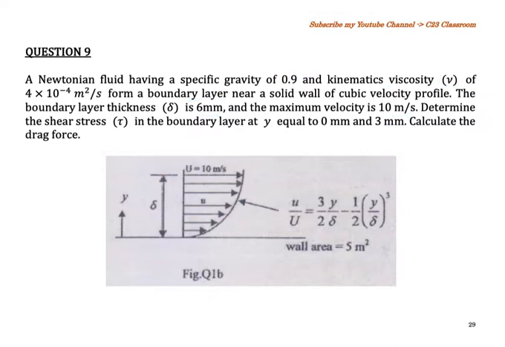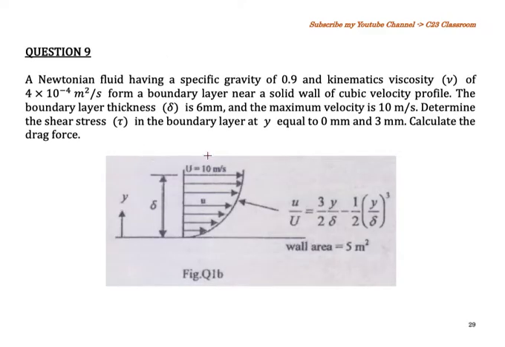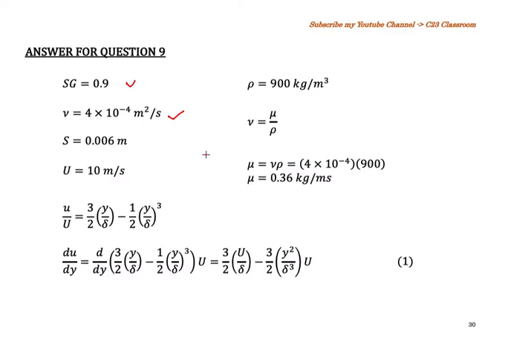And then what we need to do is list down all the parameters. So we have the specific gravity, we have the kinematic viscosity, and then we have the value of delta here, 0.006. So we have the U of 10 meters per second.